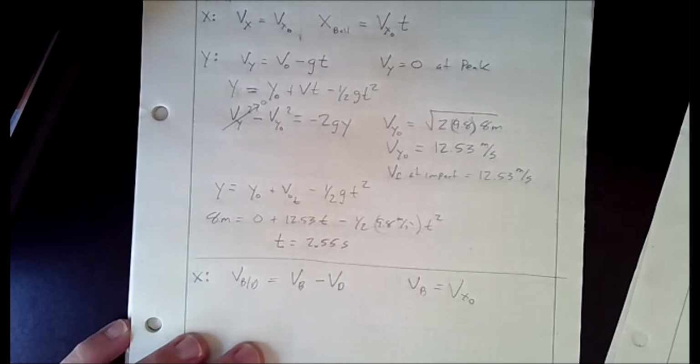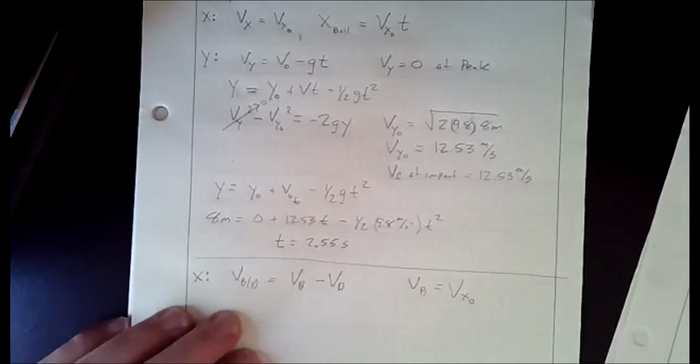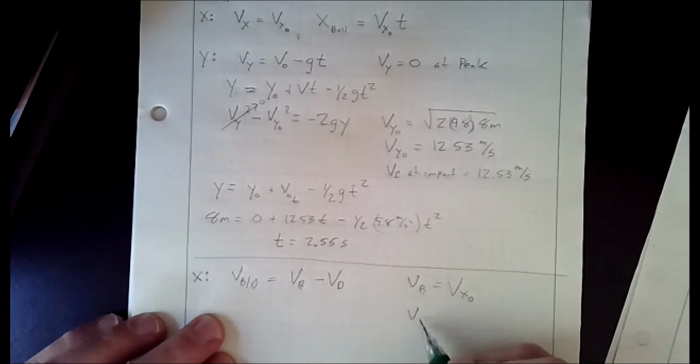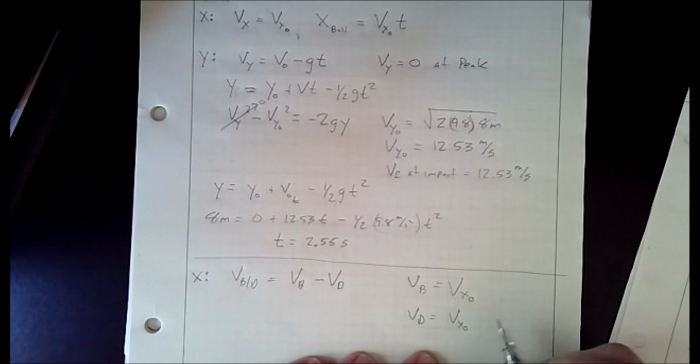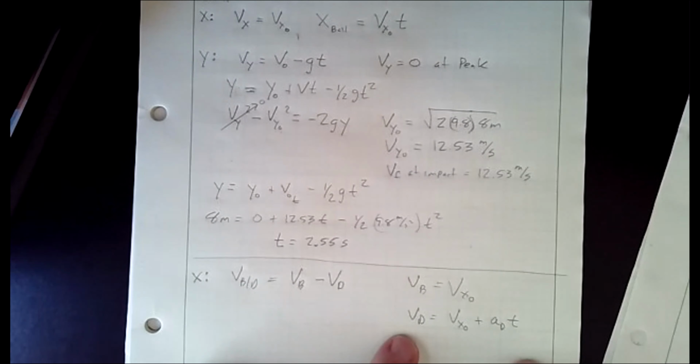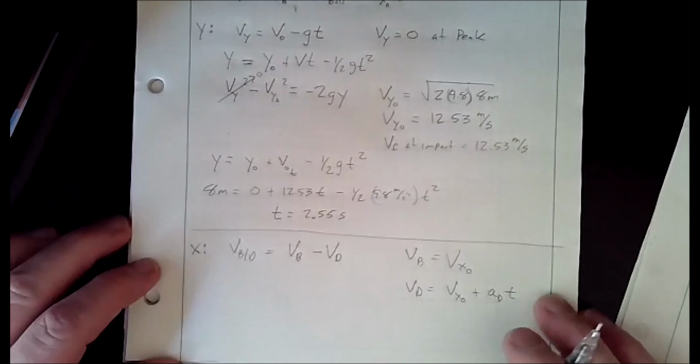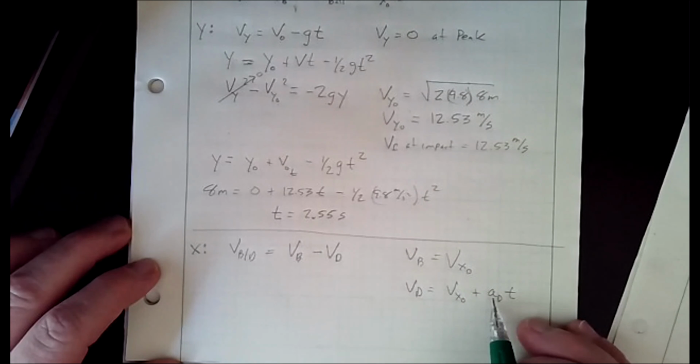And we know that the velocity of the deck is going to equal vx naught, and then that's going to be plus acceleration of the deck times time, because remember the deck is slowing down. The ball isn't, but the deck is. So we have to add this into it.